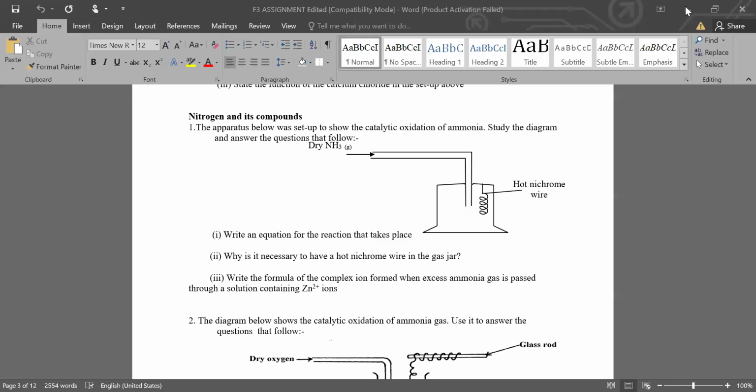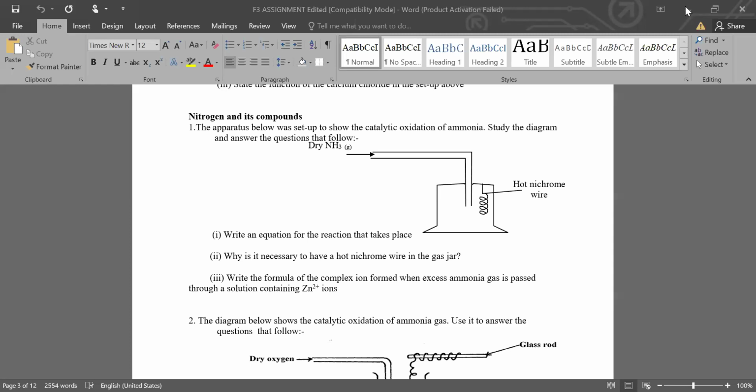And when excess is put, the zinc hydroxide will react with excess ammonia. So in the equation, it will be zinc hydroxide plus ammonia, NH3 aqueous, and a complex ion will be formed.